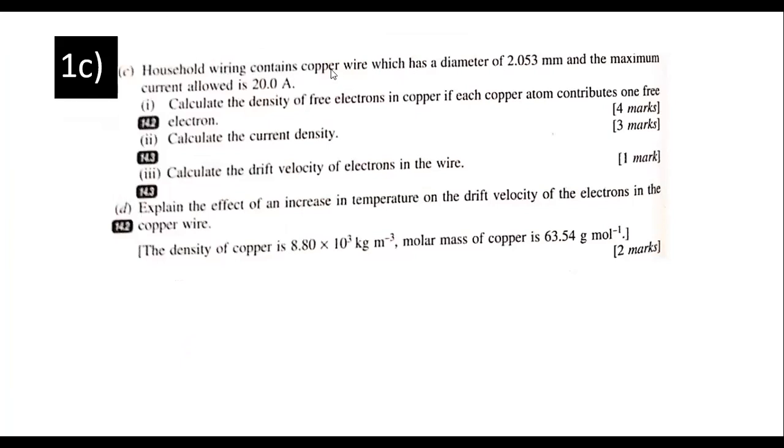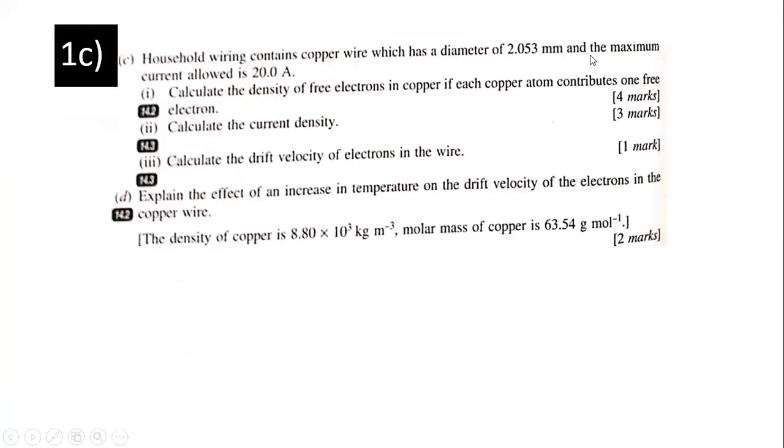Household wiring contains copper wire, which has a given diameter, and a given maximum current. Calculate the density of free electrons in copper if each copper atom contributes one free electron. So how am I going to start doing it?